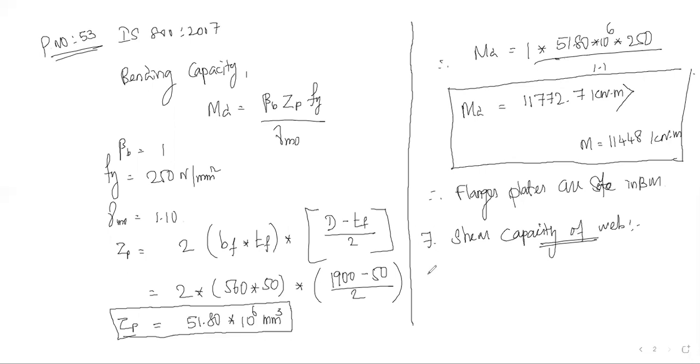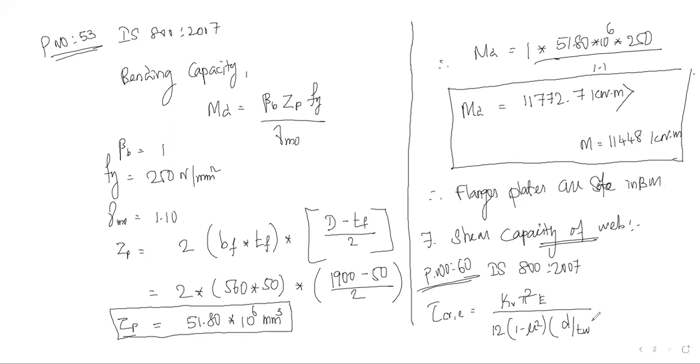Here the formula is from page number 60 of IS 800 2007: τcr,e = kv × π² E / (12 (1 − μ²) (d/tw)²). This is the formula we are going to use to calculate the critical stress.